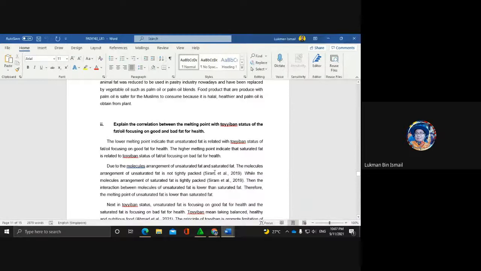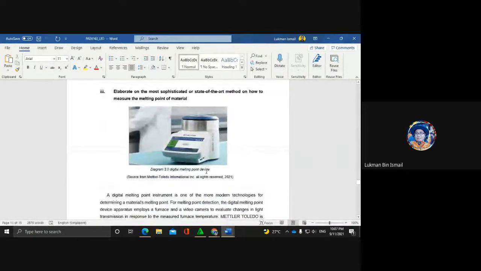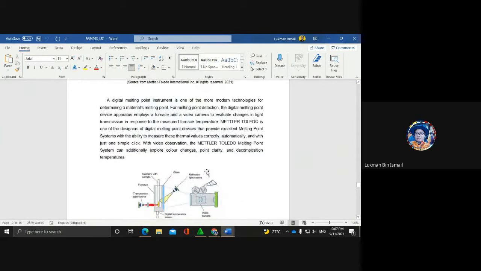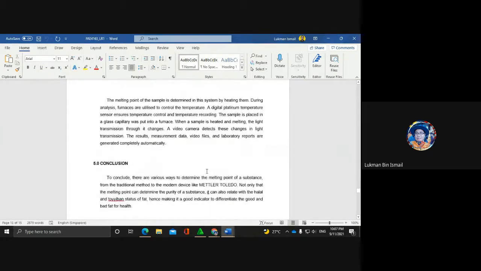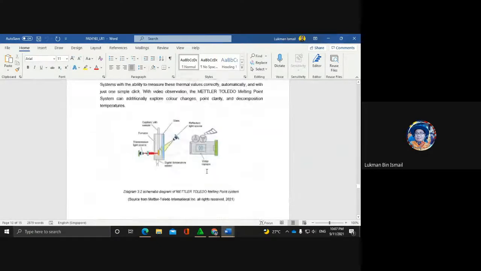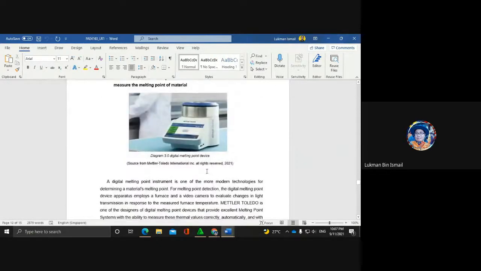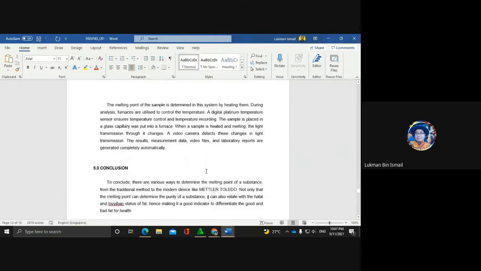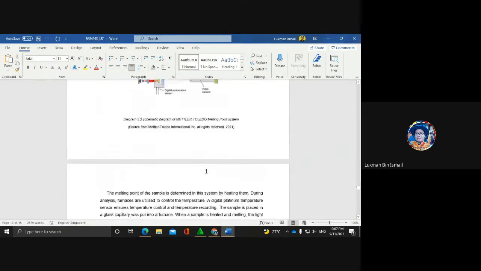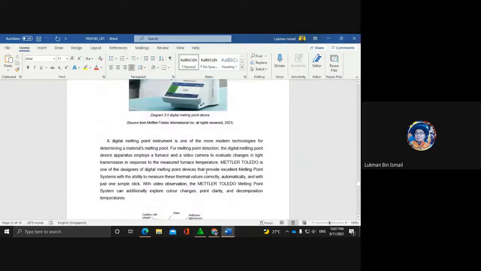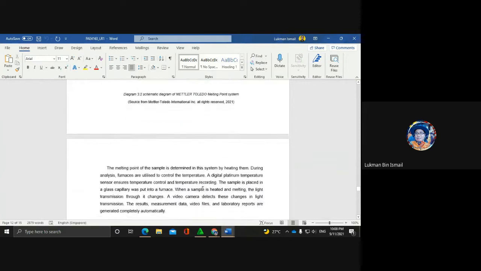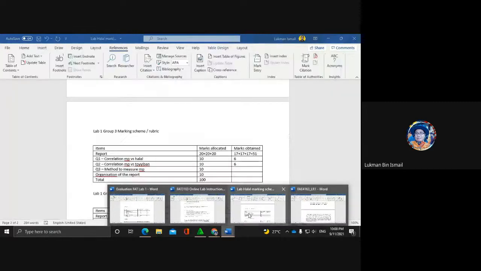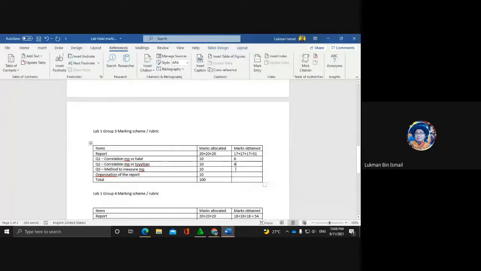Method to measure melting point. New, modern, sophisticated, and use Mac-Toledo. Sama macam group tadi ya, macam copy paste lah pula. You tak bagi example of results. You boleh dapat daripada internet ya, even daripada YouTube ya, banyak ada gambar yang boleh taruh. So sama macam group tadi, macam copy paste ya. Group mana tadi? Sini berapa nak bagi ni?